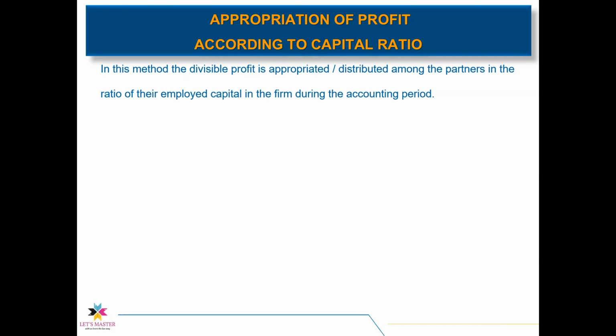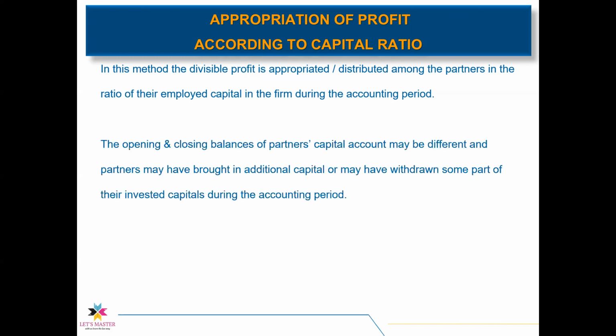So in that case, we distribute the profit, or we do the appropriation of profit, in the capital ratio. For this, the opening and closing balance of partners' accounts may be different, and partners may have brought in additional capital or may have withdrawn some part of their invested capital during the accounting period.